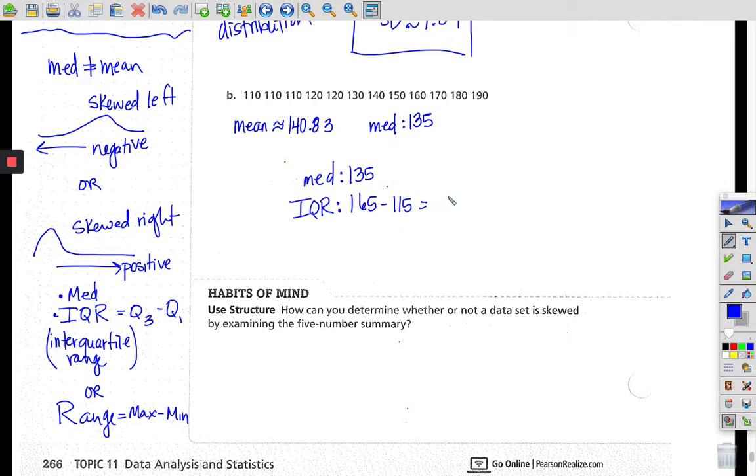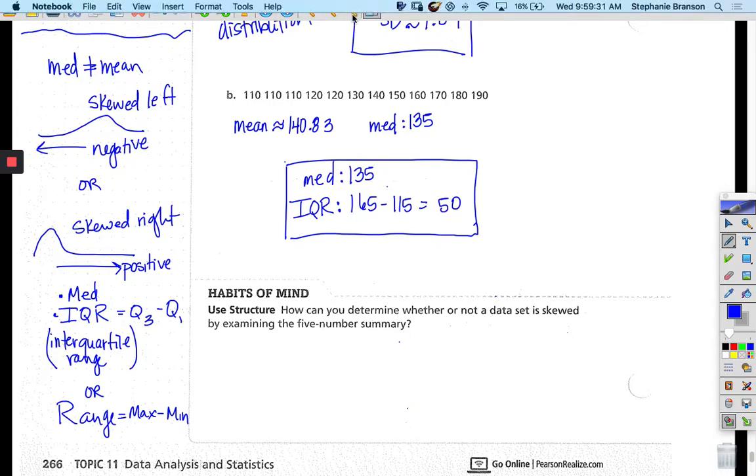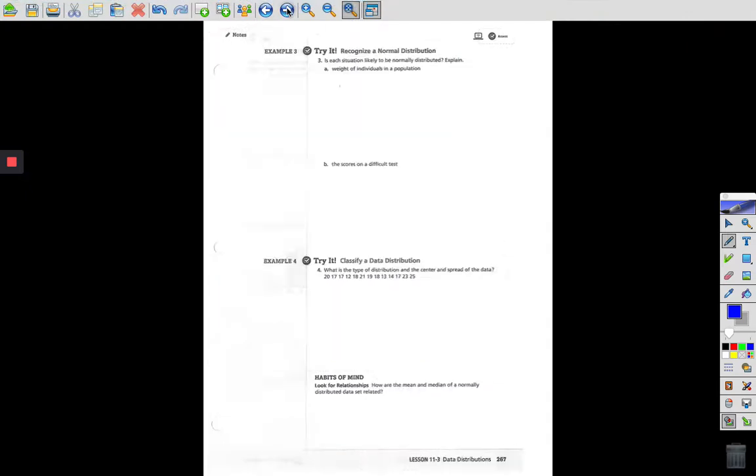So my IQR is 50. So we got our center, and our median. All right, moving on to the next example.